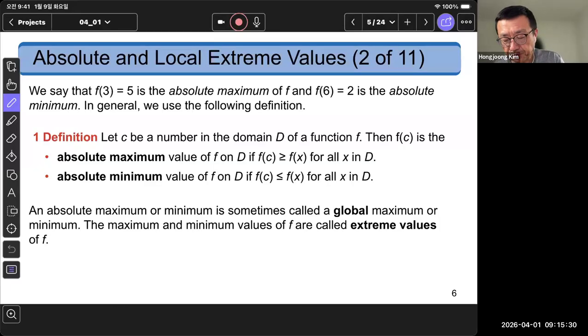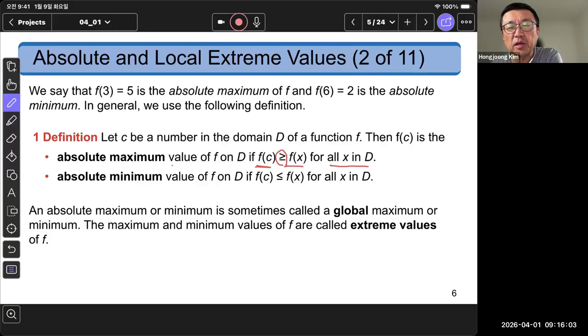Okay, so first, if the value of the function at some point is greater than or equal to the function value at all points in the domain, that means this f(c) is the largest value.